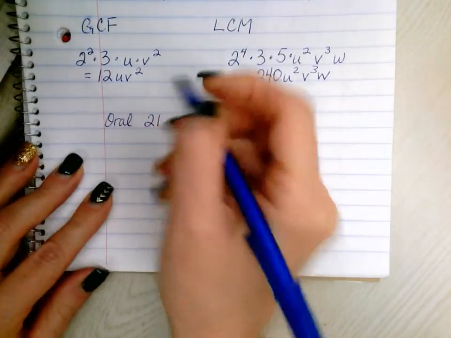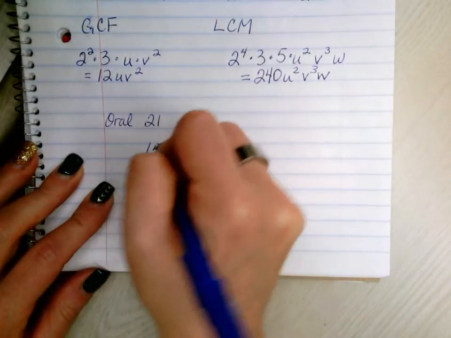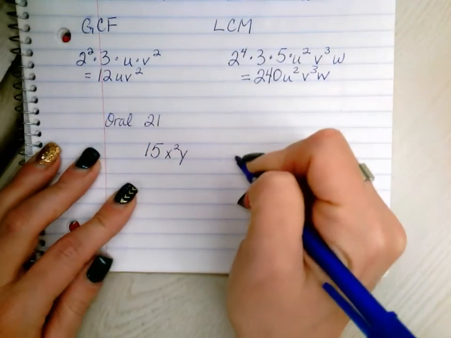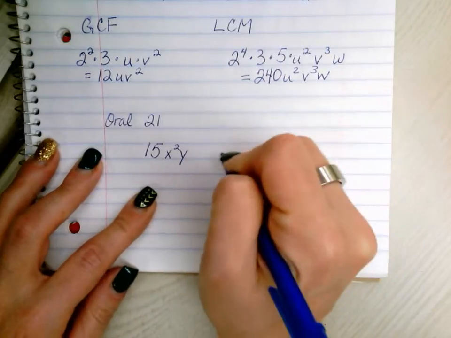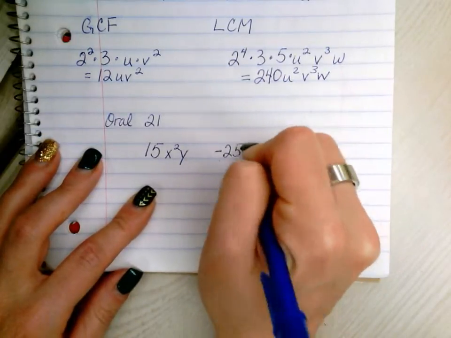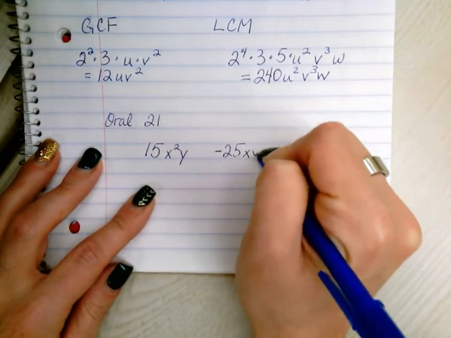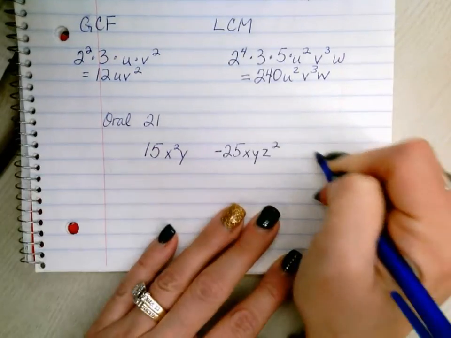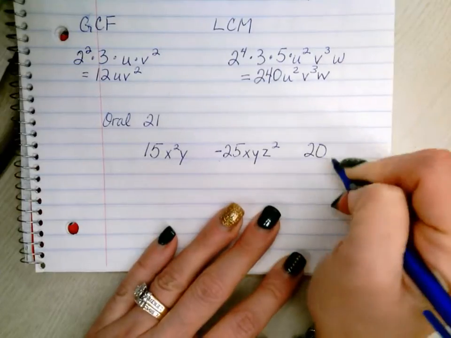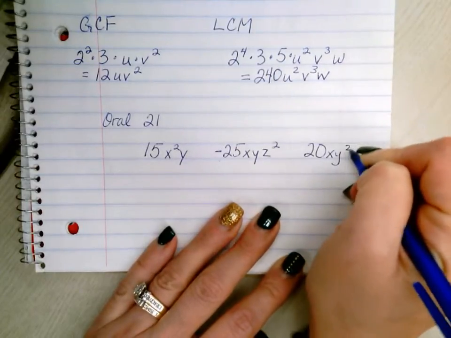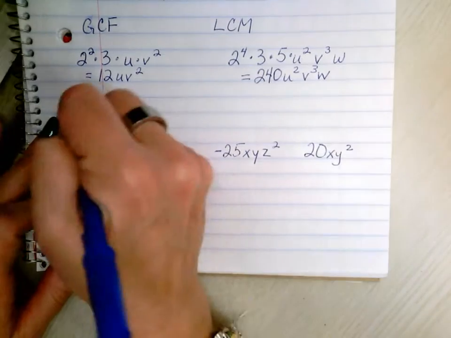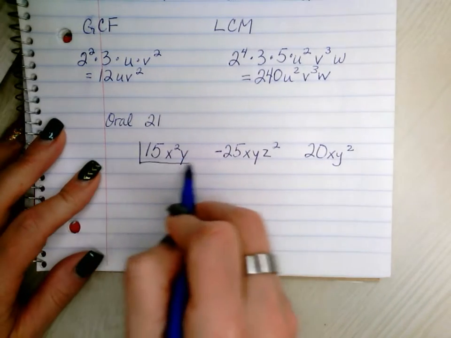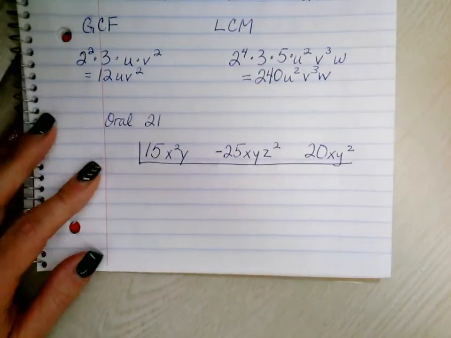We're going to go with listing out the numbers, kind of in a line fashion. X, Y, Z squared. Last one, 20. X, Y squared. So this is number 21 in the oral. And we are going to draw a big division box under the entire thing.